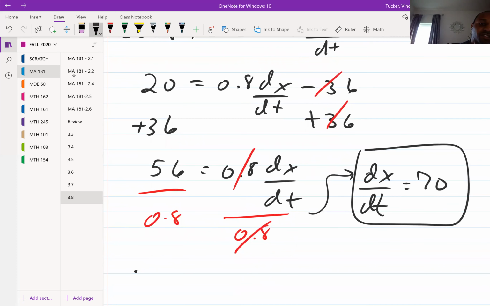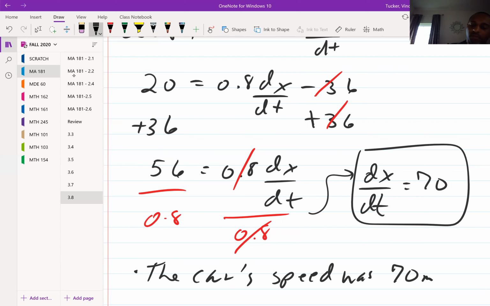So the car was driving at 70 miles per hour. I think that's what we were looking for. All right, so the car speed was 70 miles per hour.